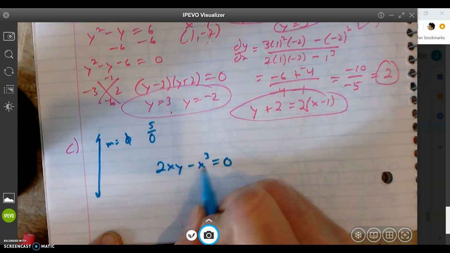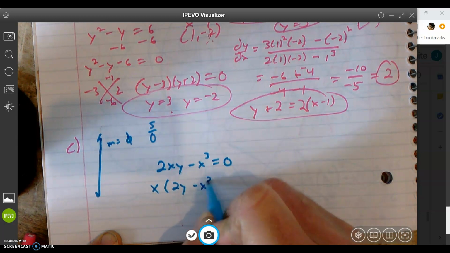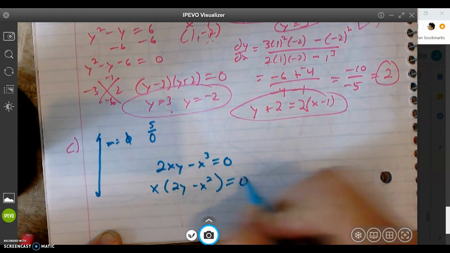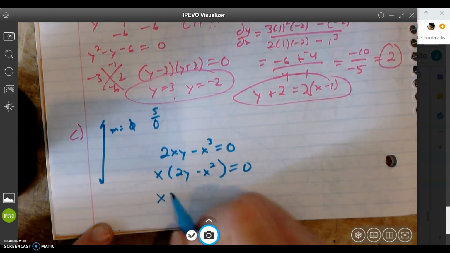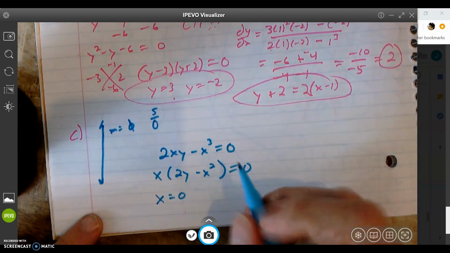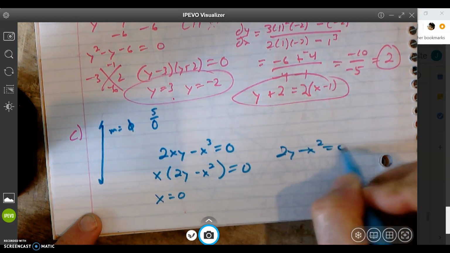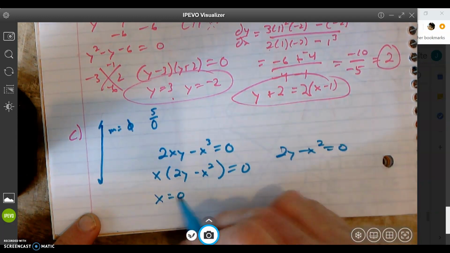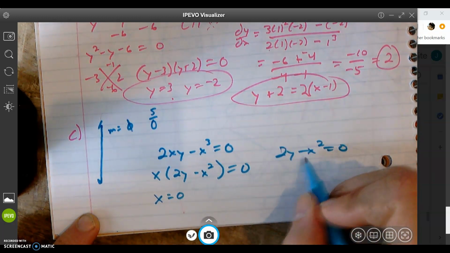So I need to solve this. What do they have in common? Yeah, they got an x. x times (2y minus x squared) equals 0. Okay, so where would it be a point? x equals 0. And this whole thing, 2y minus x squared equals 0, zero product property. So set both of the parentheses equal to 0. So I'm going to solve this for y.